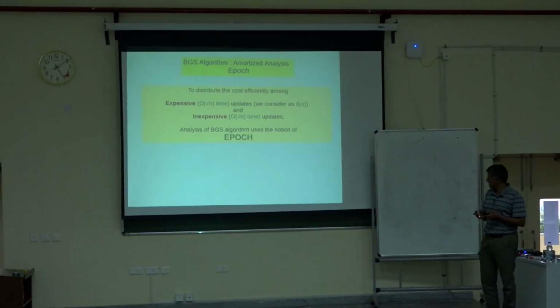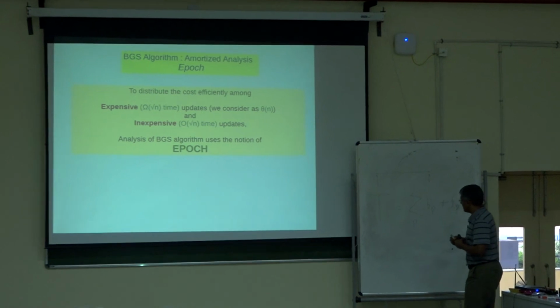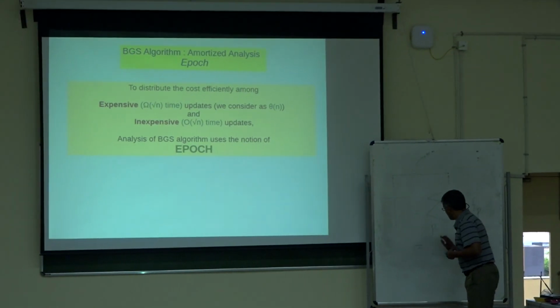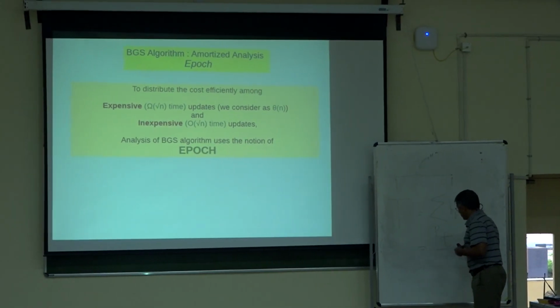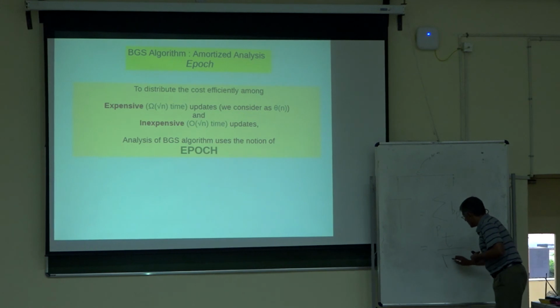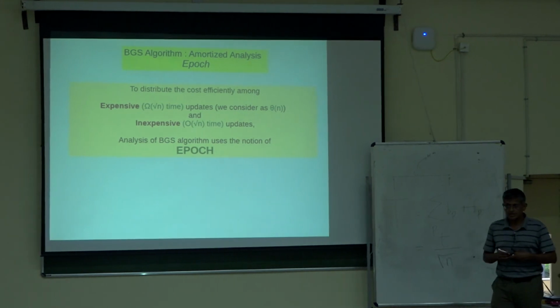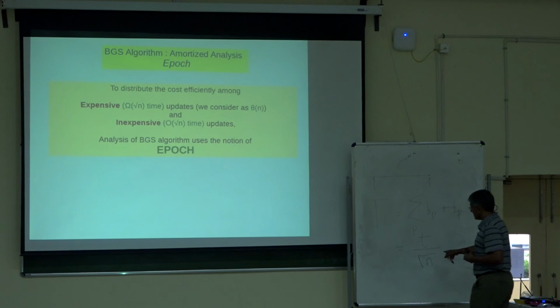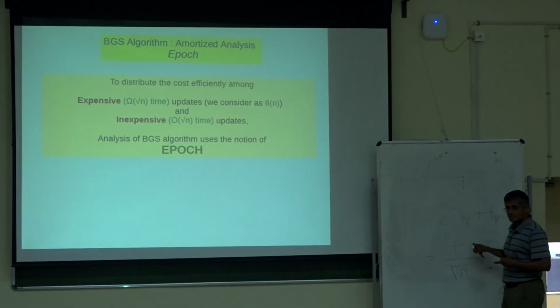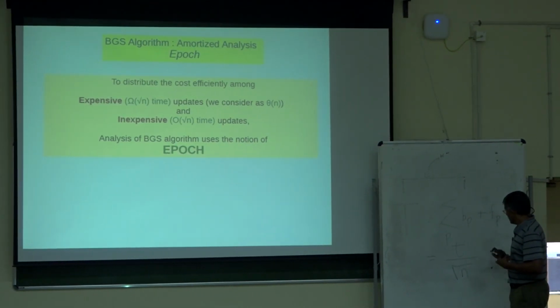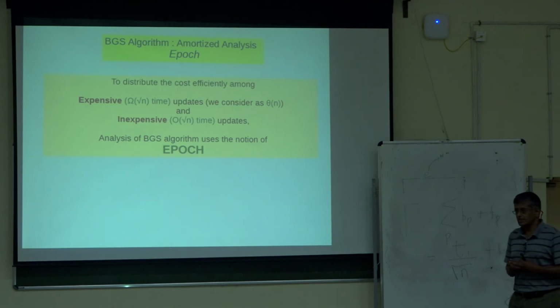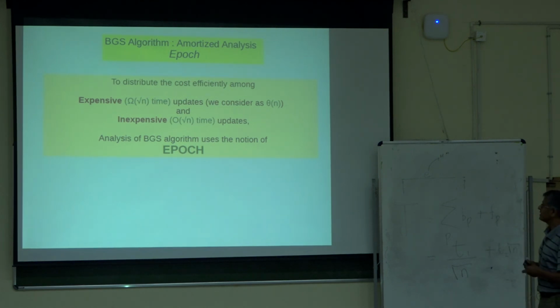The expensive epochs will account for the total number of updates divided by root n, because it's only every root n steps that an expensive operation is done in expectation. Let me call this T1, plus T2 times root n. And this will essentially give you a total of root n.